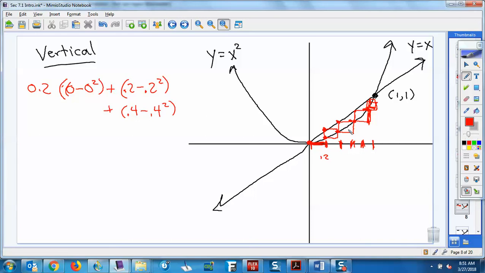That would be that height right there. Plus 0.6 minus 0.6 squared, and then finally 0.8 minus 0.8 squared, and we would stop short because they're left rectangles. And then you can type that into your calculator and get the numerical answer. So that's parts B and C, a little picture of it, and then that.